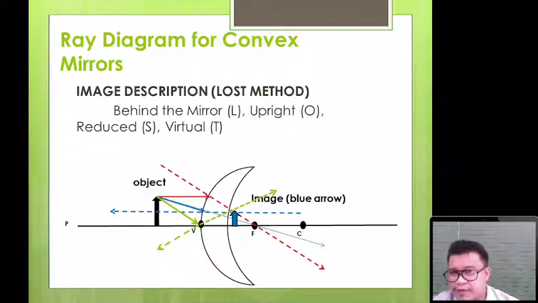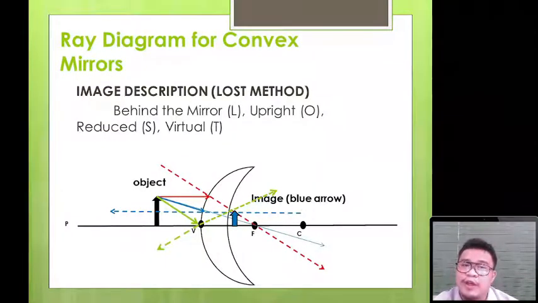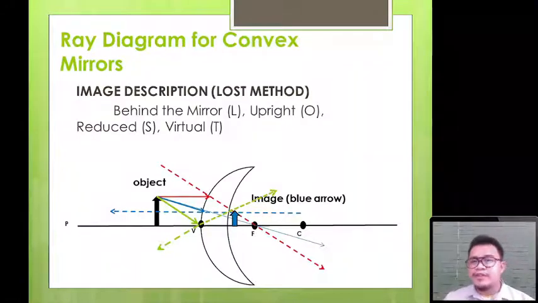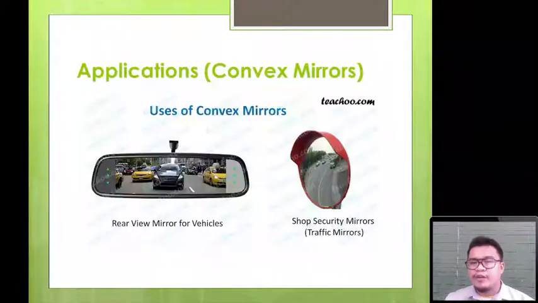And how did I know it's reduced? Look at the sizes of the arrow. The image is relatively smaller compared to the object. And how do I know that it's virtual? It's because every image that is an upright one is always considered as a virtual image. And this is how you are going to describe images that are formed in convex mirrors.